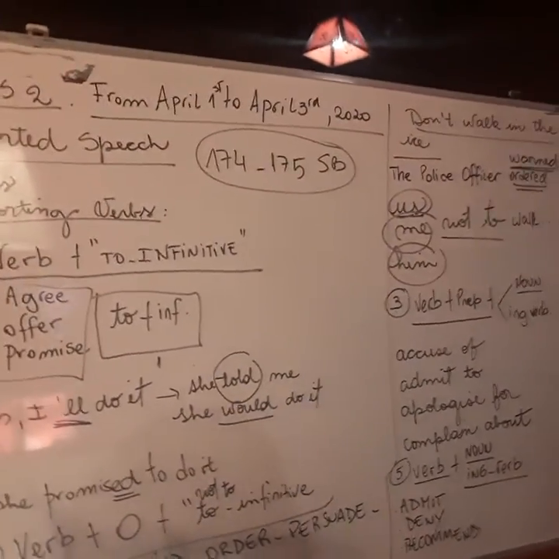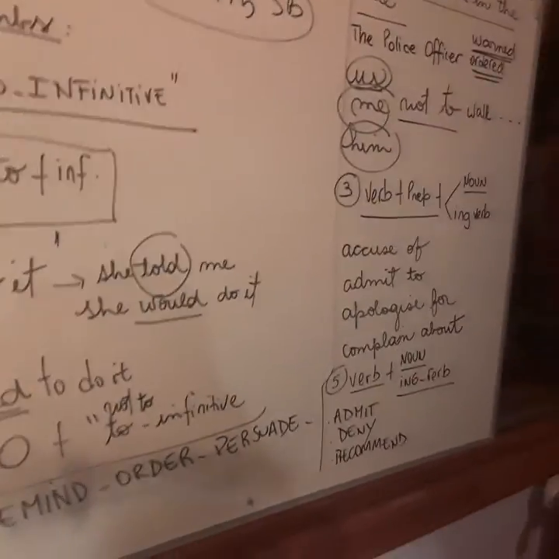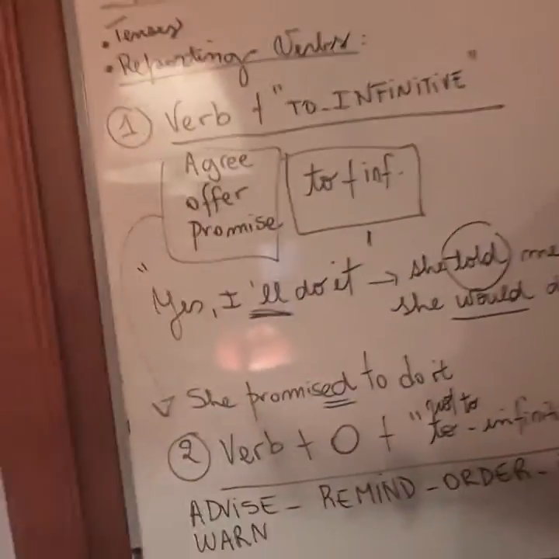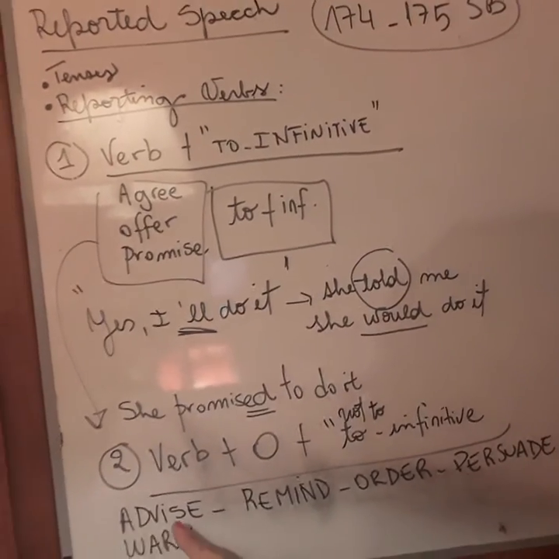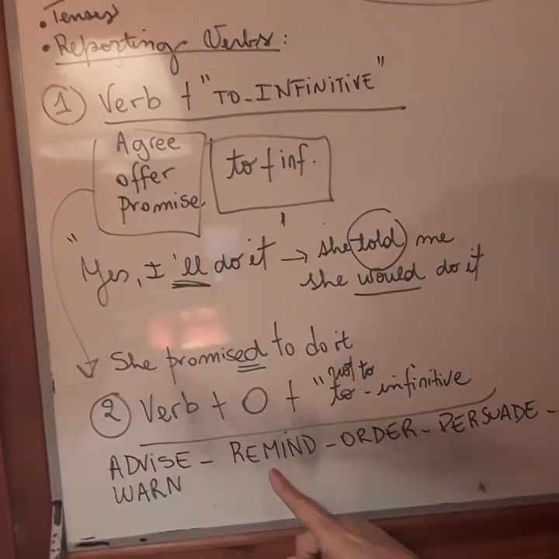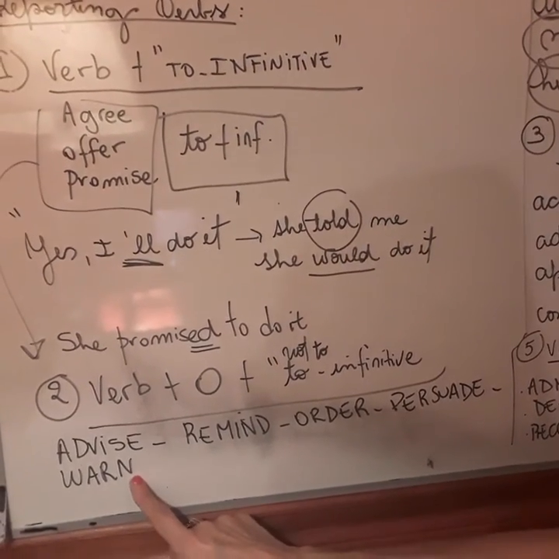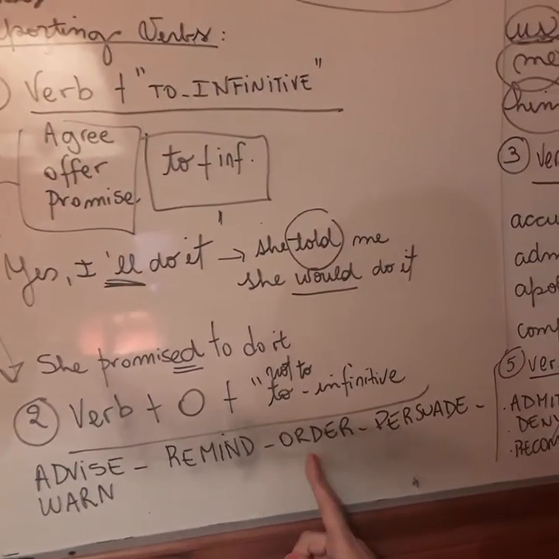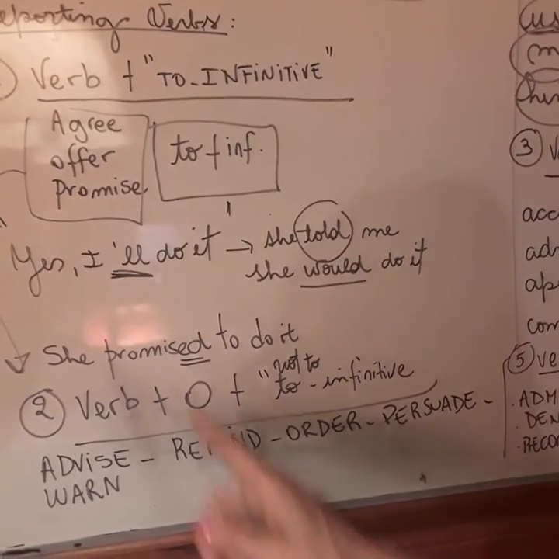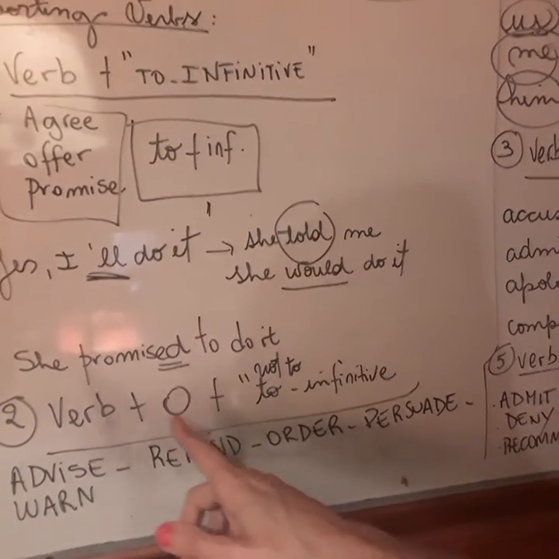Bien. Vamos al second group. When what I have to identify, a ver si ahí se ve, ahí está, is advise, remind, order, persuade, warn. Esto ya lo venimos usando, lo usaban como order. And they said the teacher ordered me, for instance.